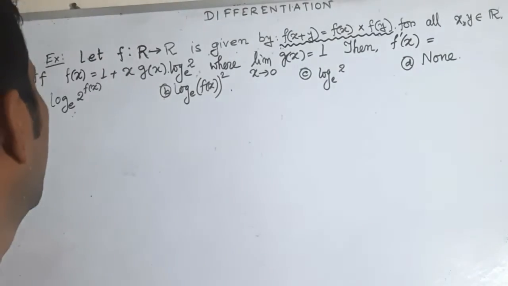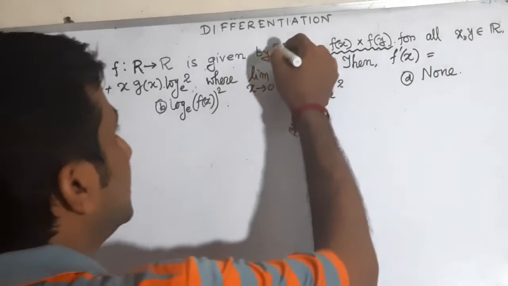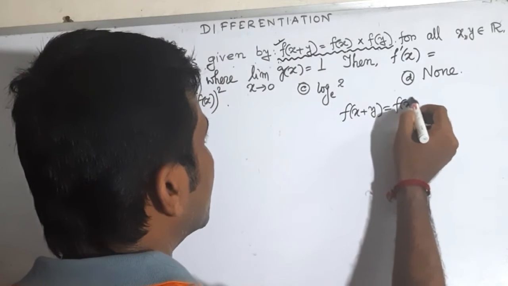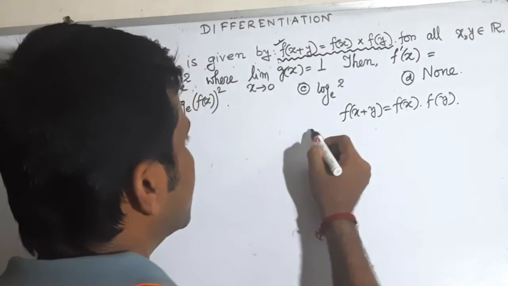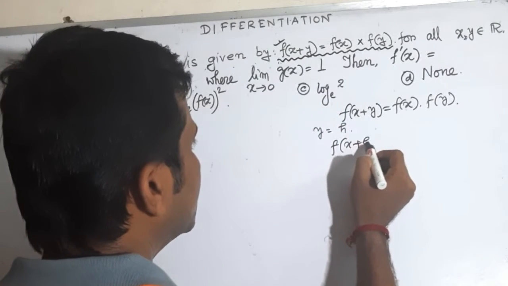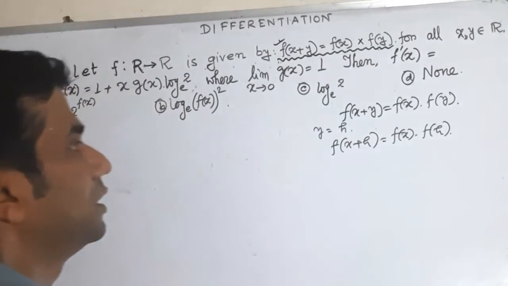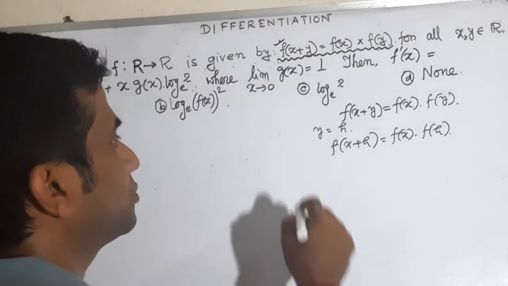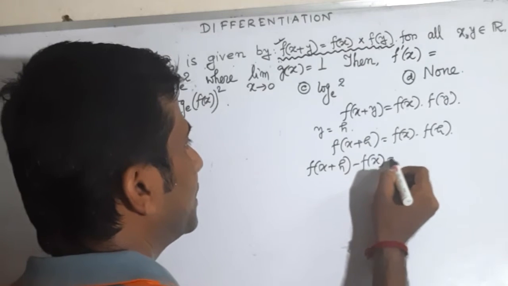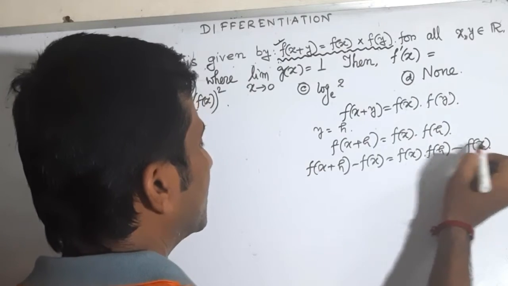So you know that you have to start with this function f of x plus y is equal to f(x) into f(y). Now substituting y by h, then f of x plus h is equal to f(x) into f of h. Now subtracting f(x) on both sides, we get f of x plus h minus f(x) is equal to f(x) into f of h minus 1.